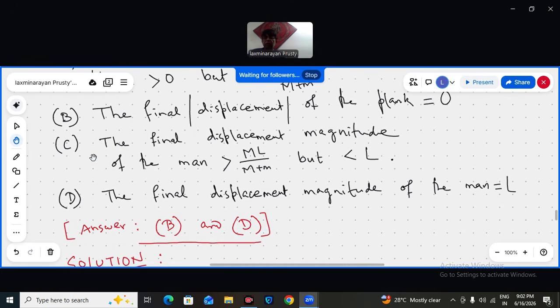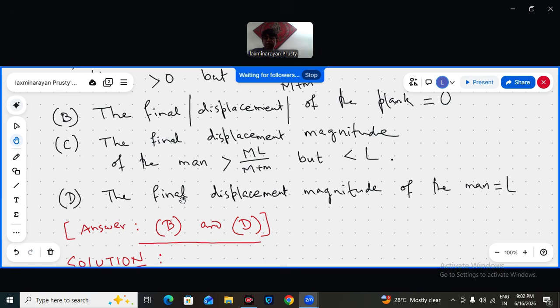Option C says the final displacement magnitude of the man, with respect to ground, is greater than ml by M plus m. It would be equal to ml by M plus m if there is no friction between the plank and the ground. But since friction is there, it will be greater than ml by M plus m, but less than L. That's what I'm saying in option C.